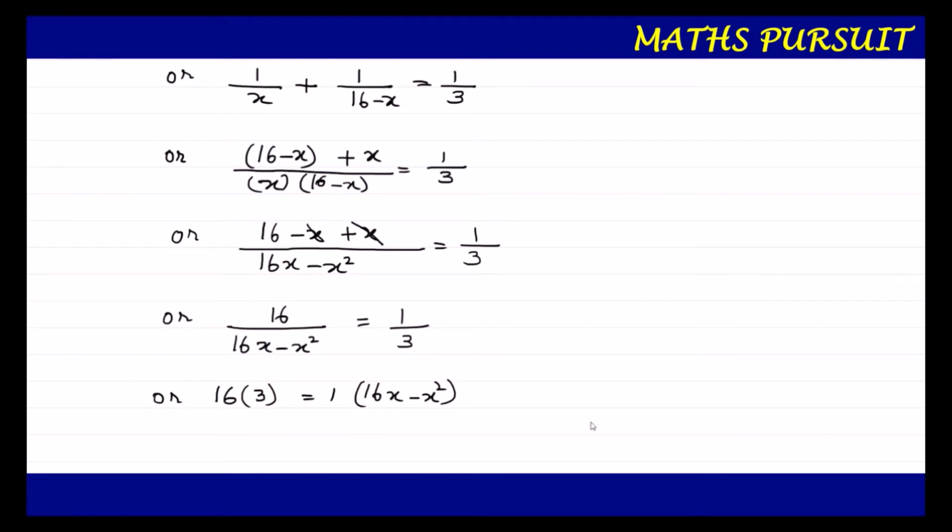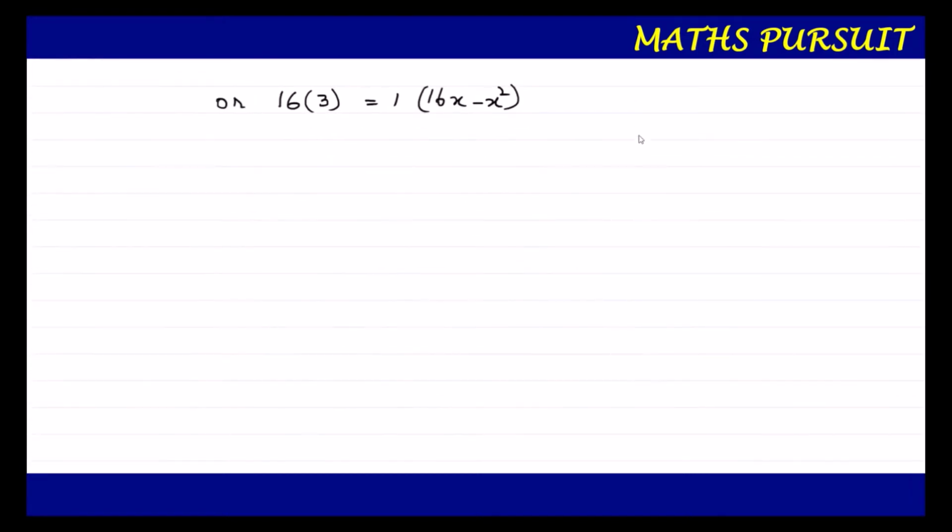This is what we got after doing a cross multiplication. Let us further solve this. 16 3s are 48. 48 is equal to 16x minus x to the power 2.